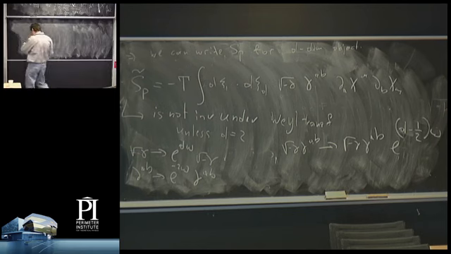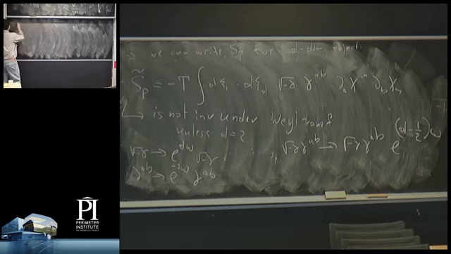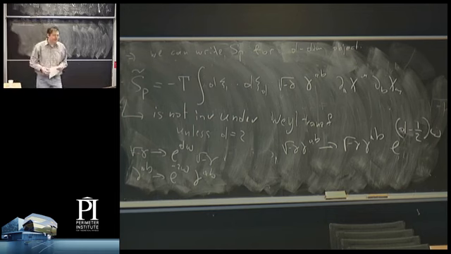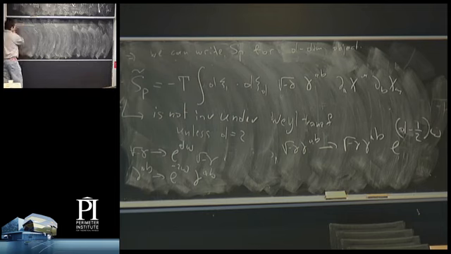All right, guys, so let's go ahead. In general, in quantum field theory, or classical field theory, if you give me the action S, I can compute the stress energy tensor.